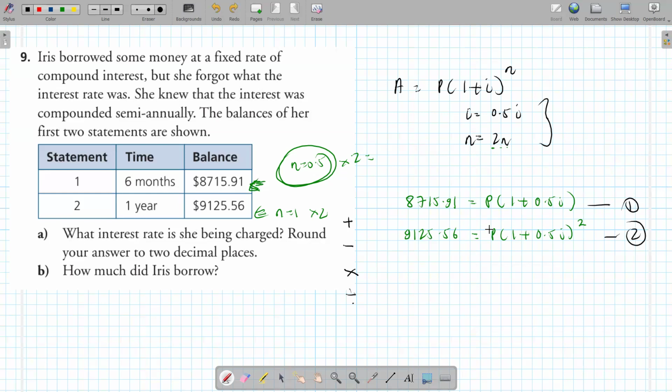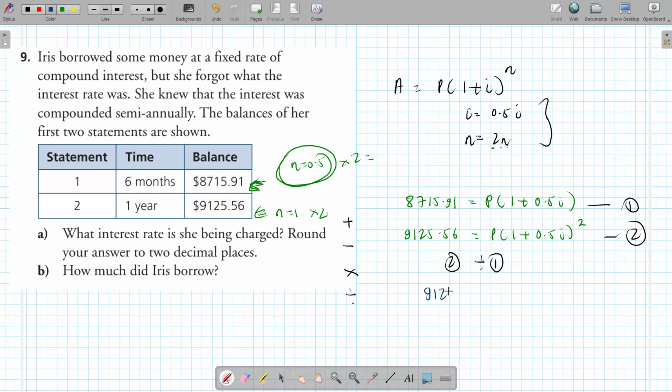Adding them, you're going to get 2P, probably, right? Subtraction doesn't help either. I'll tell you. You divide. What you do is you do equation 2 divided by equation 1. Check this out.